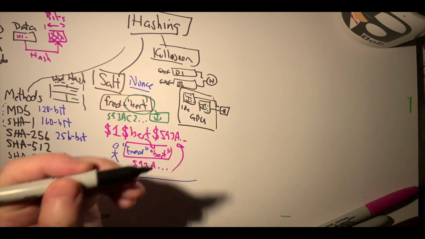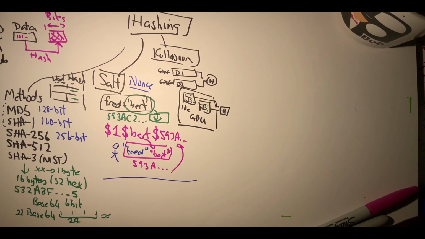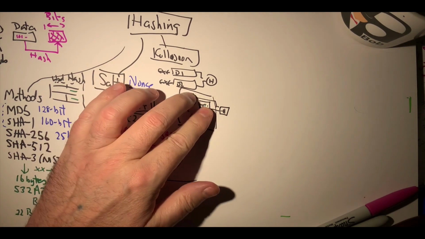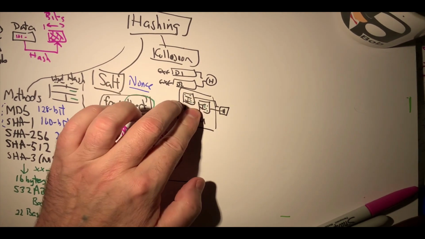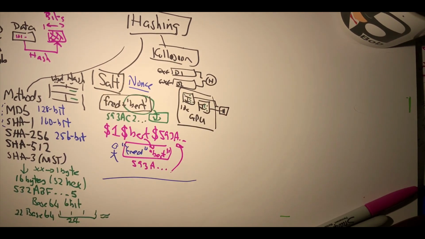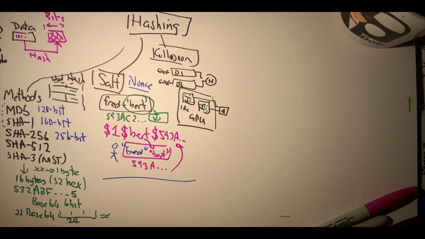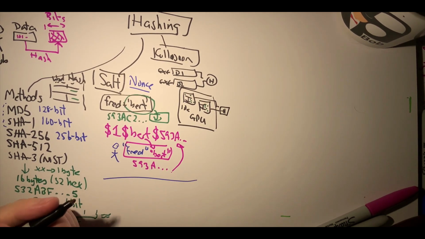It cost him 10 cents to run the cluster, and he was able to take two photographs and end up with the same hash value. So this is what's called a collision within our hashing methods.